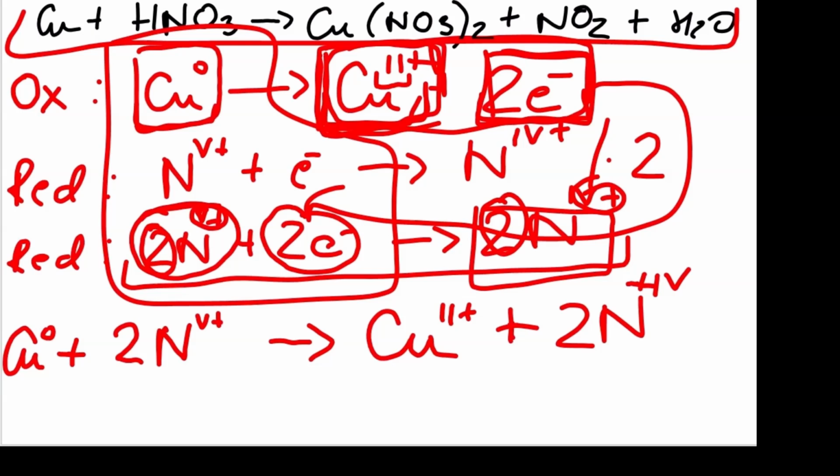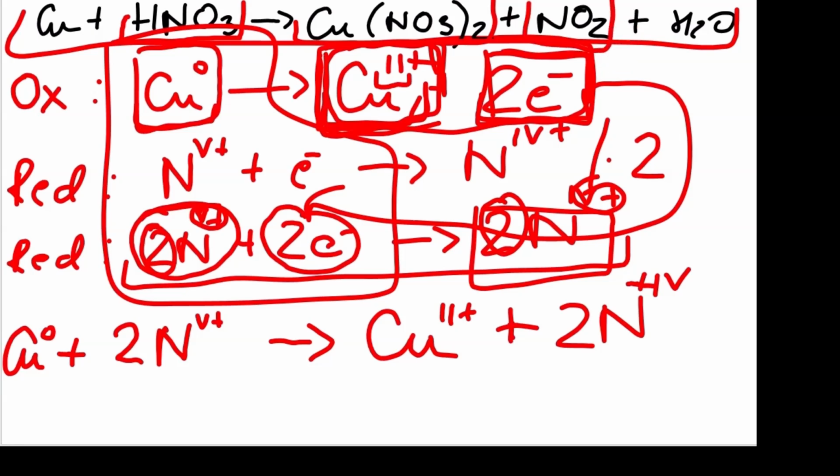Let's focus on the nitrogen atom on the left side of the reaction, which is contained only in nitric acid. However, these atoms from nitric acid are split in the products into copper salt and nitrogen dioxide.